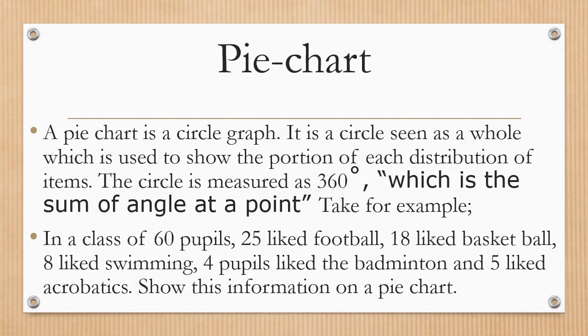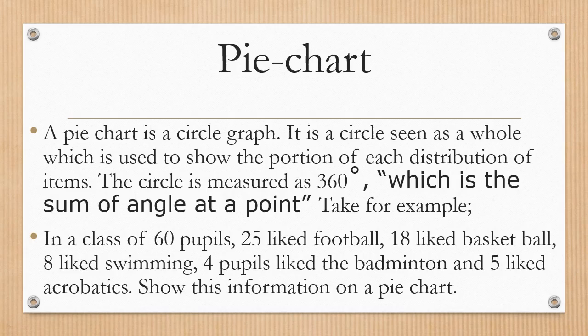The sum of angles on a straight line is 180 degrees. A right angle is 90 degrees. But the sum of the angles at a point is 360 degrees. So let's look at an example on how to use this to construct a pie chart.